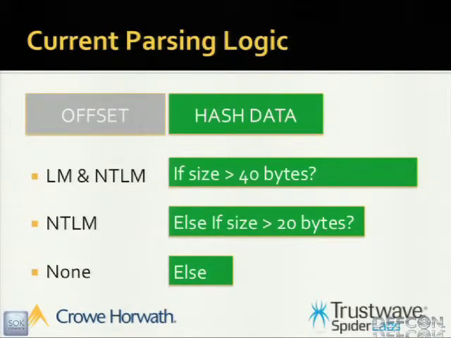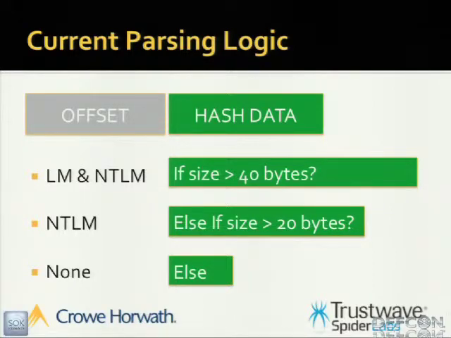But we said, all right, turns out we have this V key, which has all of our data that we want to play with, and we need to read into a certain part of this key, which is the offset. So we're just reading in until we hit that hash data. Then, once we get to the hash data, we need to figure out how to parse this. The way these tools did this was they measure the length of the hash data. If the length of hash data is over 40 bytes, then I'm going to assume that I have an LM and an NTLM hash, because each hash is 16 bytes, and then there's a 4-byte header for them.